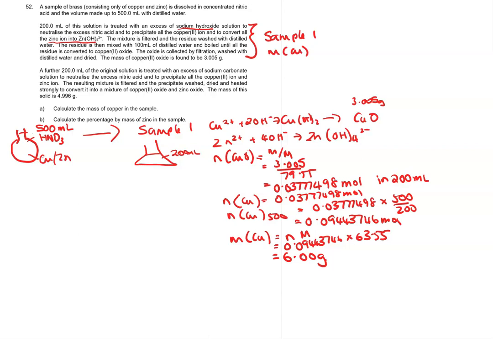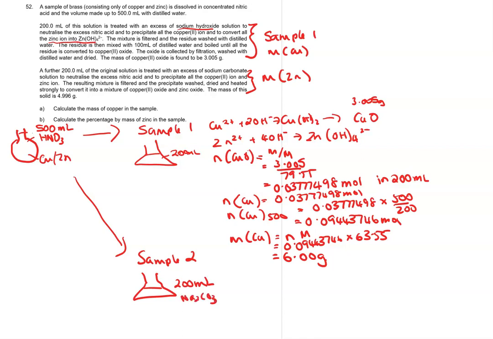Now the second section is how we find the mass of zinc. So in sample 2, we take another 200 ml and we treat it with sodium carbonate.